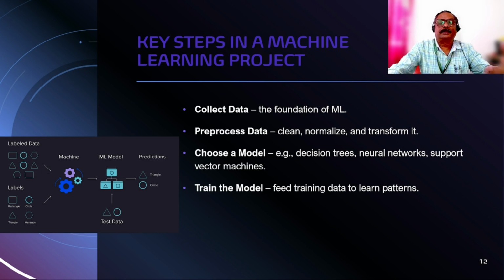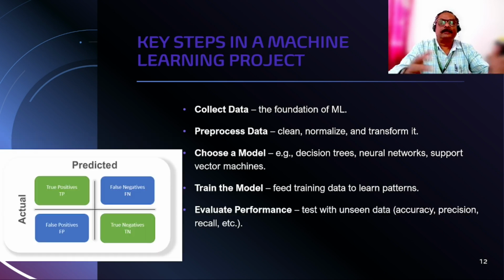And once that is done, this model should be trained with available data, and this training is done through feeding the training data to our model, so that our model can learn the patterns hidden in the data. This learning of the pattern is what we call training the model. And once the model is trained, we need to verify whether the training is successful or not.